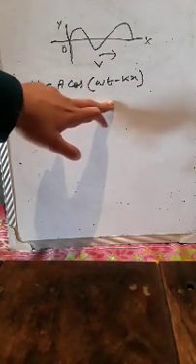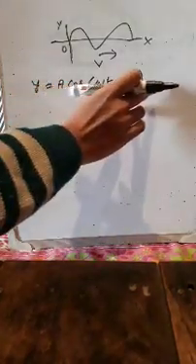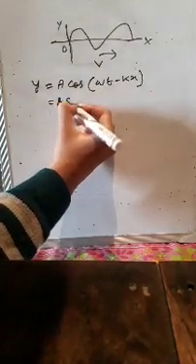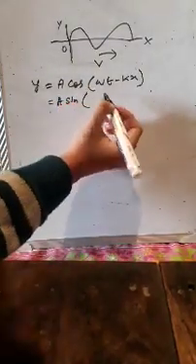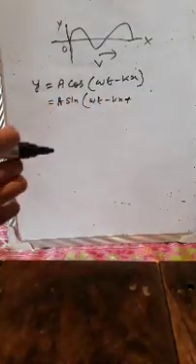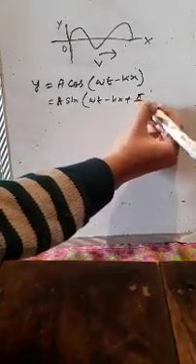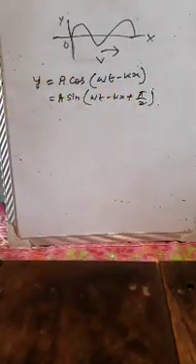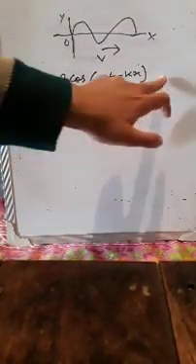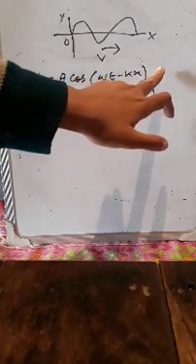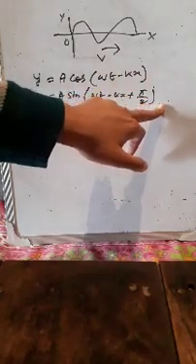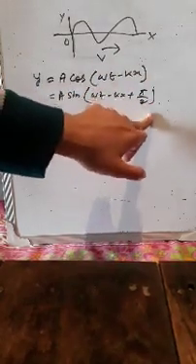If you want to express sine from this equation, how can we write it? Y equals a sine (omega t minus kx plus pi by 2), or 90 degrees. From the cosine equation, if you want to express it in sine terms, just add 90 degrees or pi by 2.